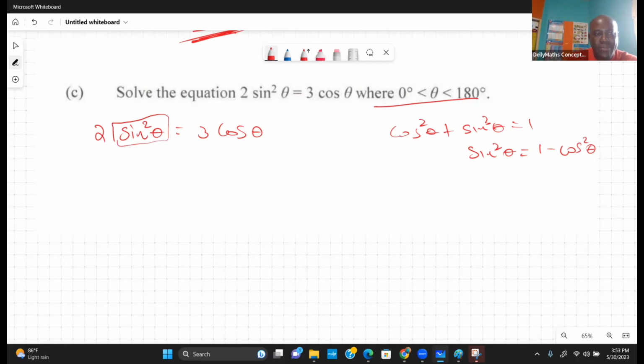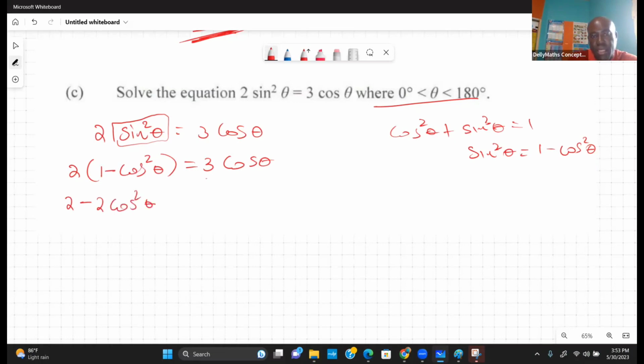So I could substitute this here with that idea. So what we have on the left side is 2, and instead of writing sine squared, I'm swapping it out so I have one trig function working with cos. So I'm going to put 1 minus cos squared theta, and that is equal to 3 cos theta. So now I have all cos. I'm going to bring everything under one umbrella. So I'm going to distribute this 2 inside. So I have 2 minus 2 cos squared theta.